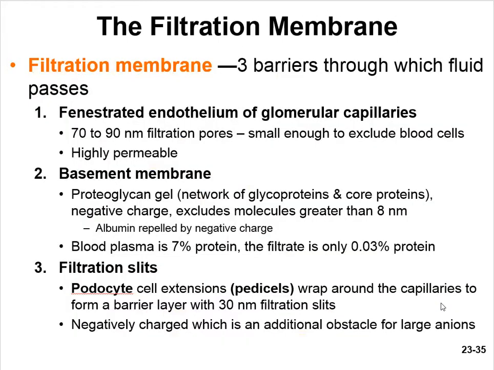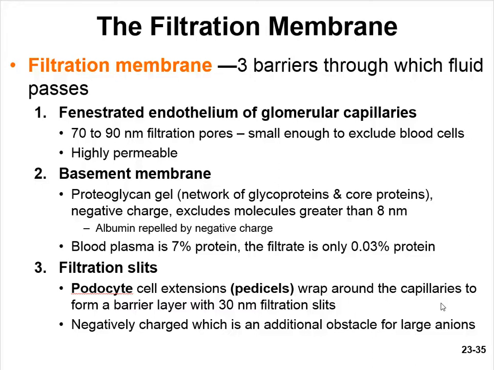The filtration membrane has 3 barriers through which the fluid has to pass. It has to go through those fenestrated glomerular capillaries. Again, they're highly permeable to water and such, but not to proteins or blood cells. The basement membrane, which is the proteoglycan gel.